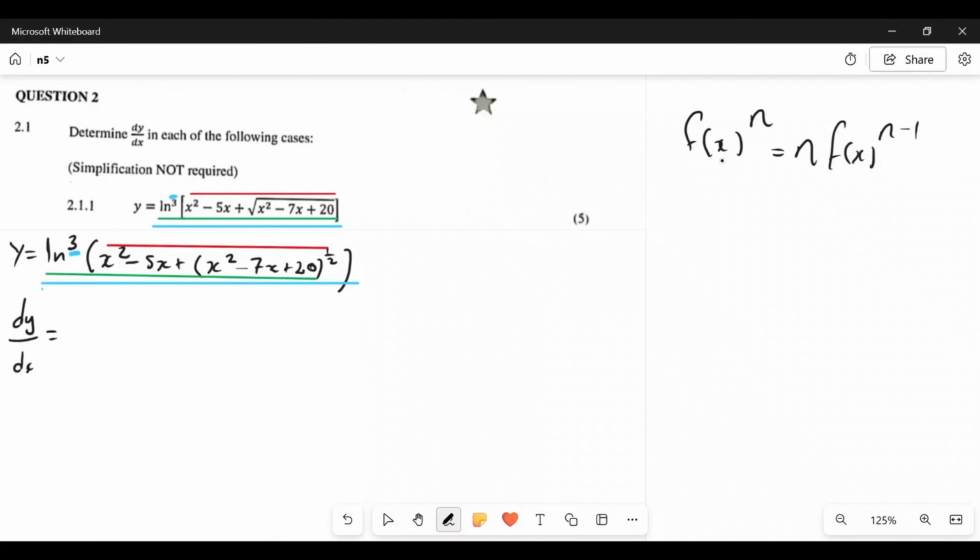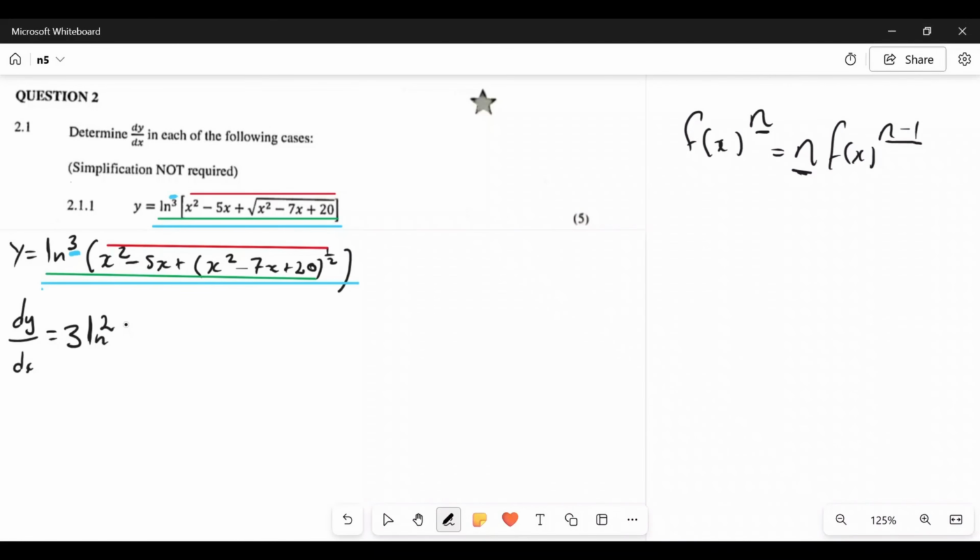So our f of x here is actually ln with everything inside there. So let's do it. If we use this, remember this is 3. So that 3 is going to be there. As you can see, that is n there. And then we multiply with f of x, which is ln. This time around, we say 3 minus 1. So this is going to give us 2 there.